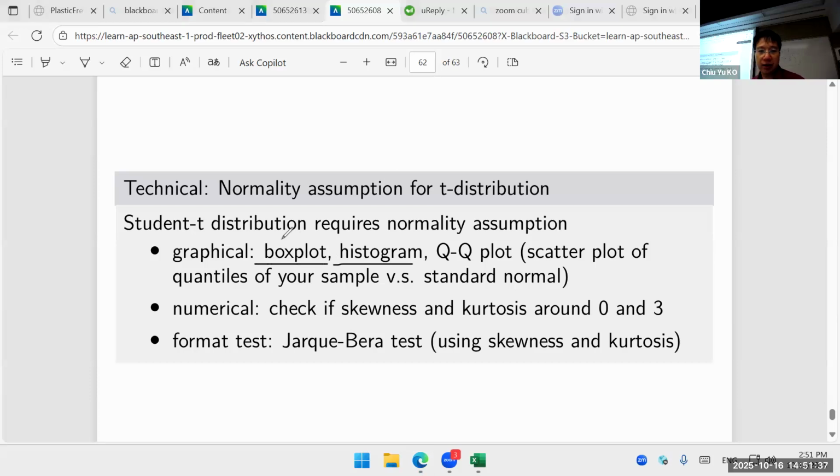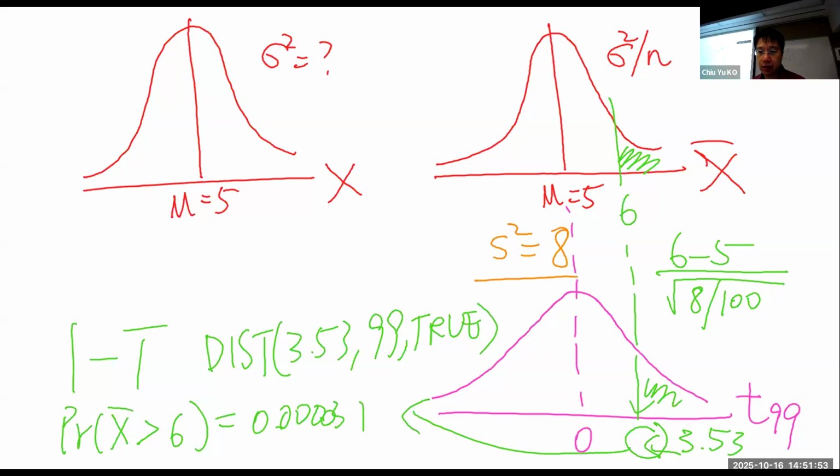The box plot tells us whether it is symmetric, and the histogram tells us whether it has the bell shape. And later we can look at the QQ plot. I don't want to spend too much time on that, so forget about the QQ plot. That's not very important.